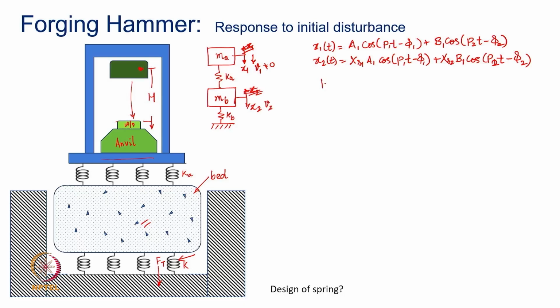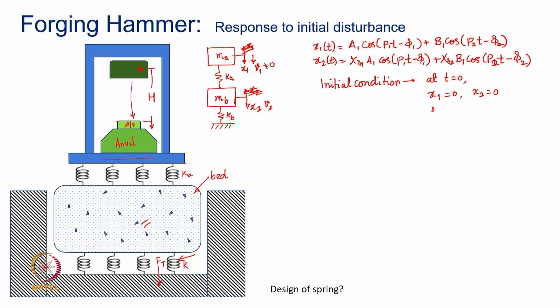So, our initial conditions, based on which I can find out the unknowns, are that at time t equal to 0, x1 is equal to 0 and x2 is equal to 0, because before the hammer strikes we assume that the system is stationary, it's not perturbed, it's not moving.